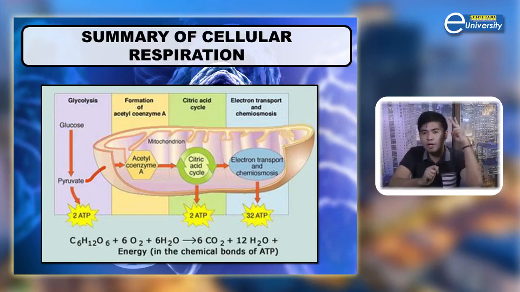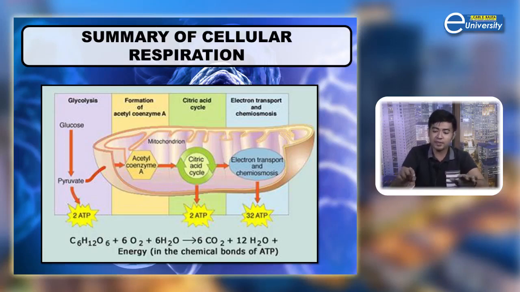Again, two molecules are produced in glycolysis, two molecules are produced in the citric acid cycle, and 34 molecules are produced in the electron transfer chain. So the total is 38 ATP molecules produced in the process of cellular respiration.